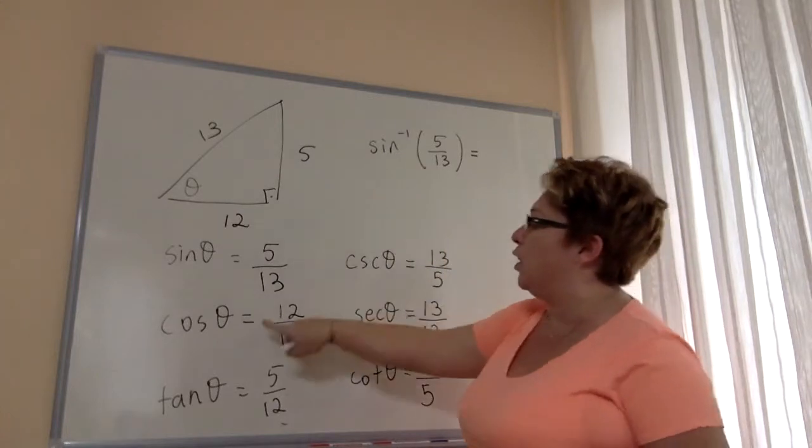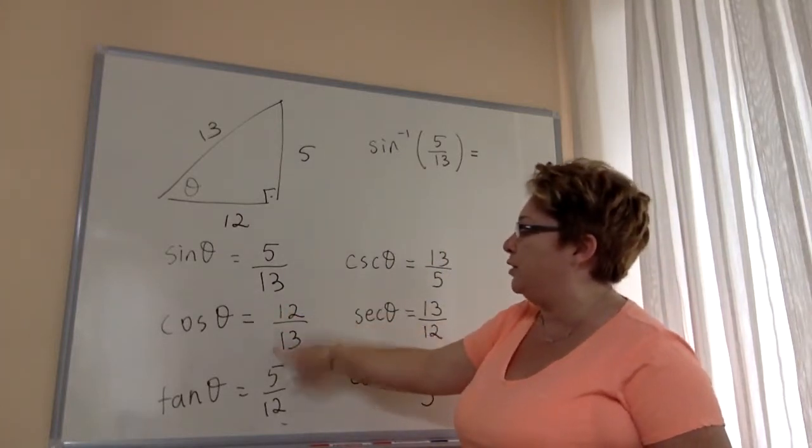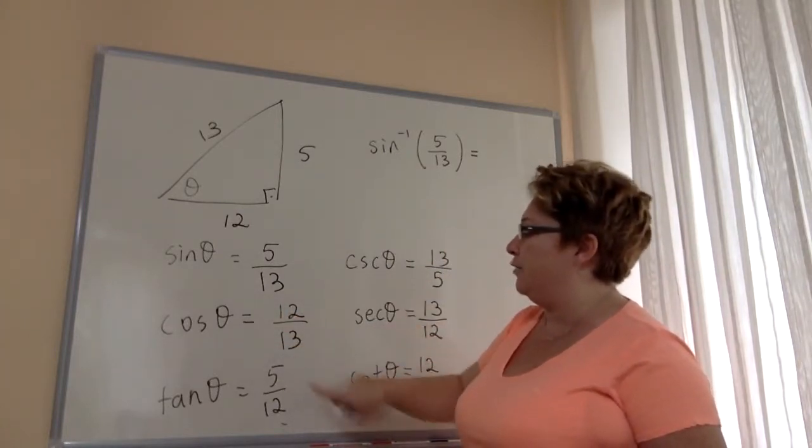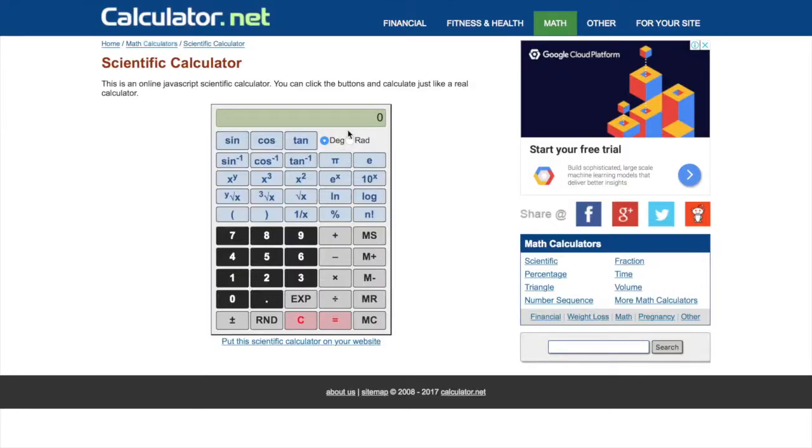Or you could use cosine inverse of 12/13 or tangent inverse of 5/12. Using our scientific calculator here, we just type 5 divided by 13 and take the sine inverse of that. So our theta is about 22.6 degrees.